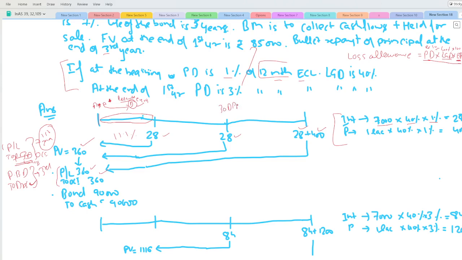I think 60 or 90 days past due are also taken, the DPD, days past due. That means the date on which you should receive the coupon, if you are not receiving it on that date and it is outstanding for a further 30 days, then it becomes past due.